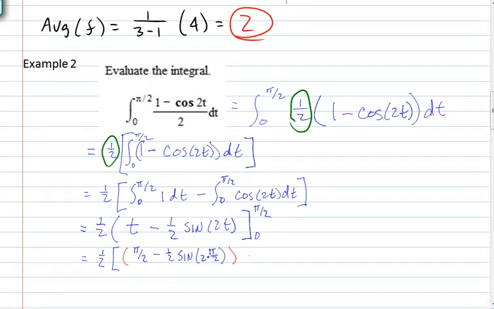It's your upper bound minus the lower bound. 0 minus 1/2 of sine 2 times 0.